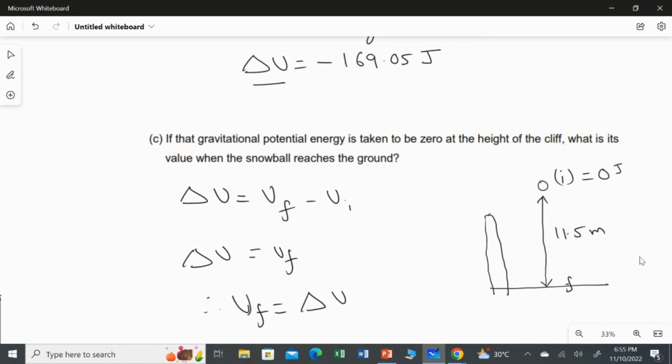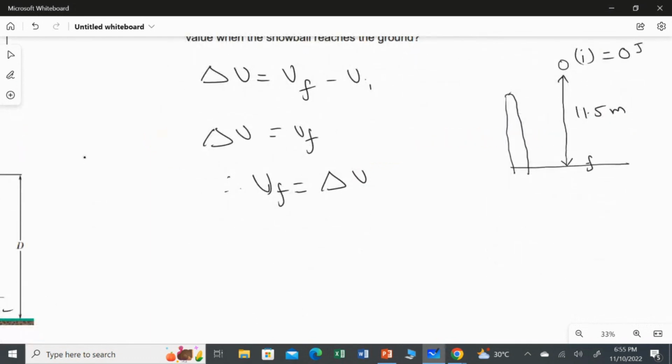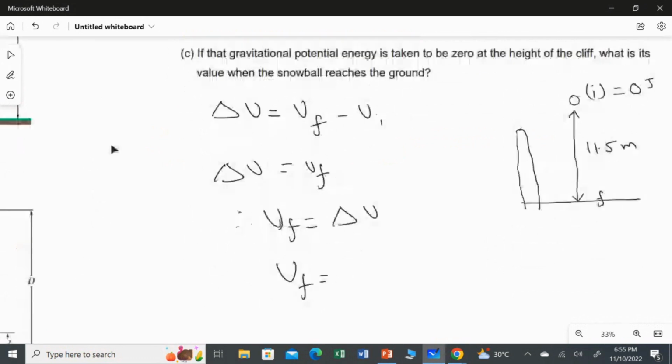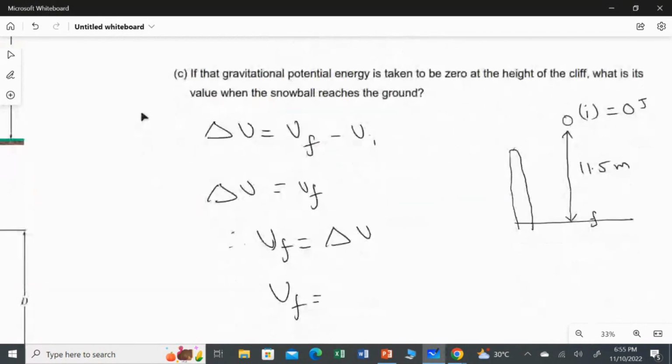In the second part of the question, we already found the change in potential energy. So what is the answer here? The final potential energy when the snowball reached the ground, I'm going to take from the second part, which is minus 169.05. Clear? So the answer for the third part is exactly minus 169.05 joules. Clear?